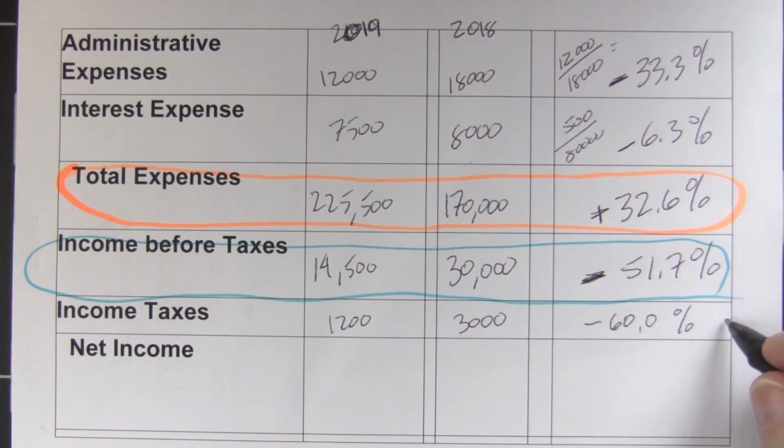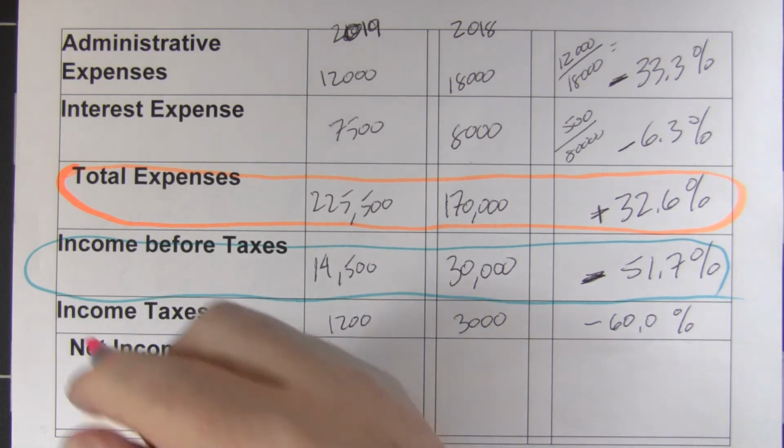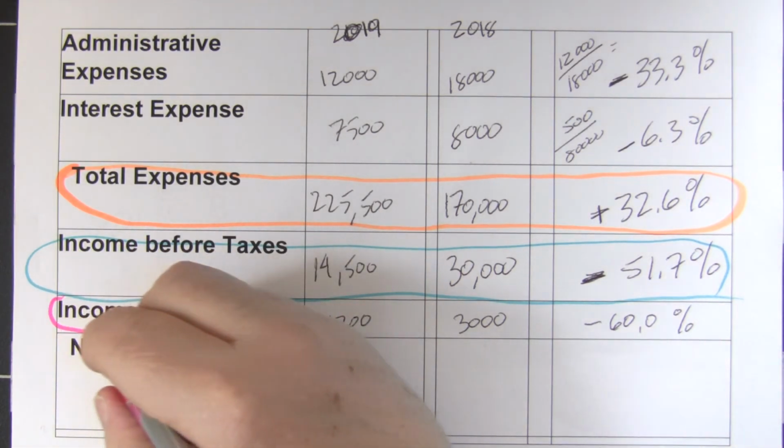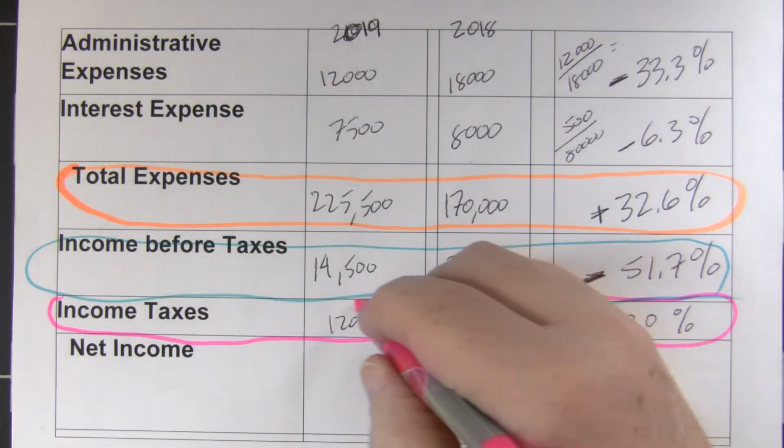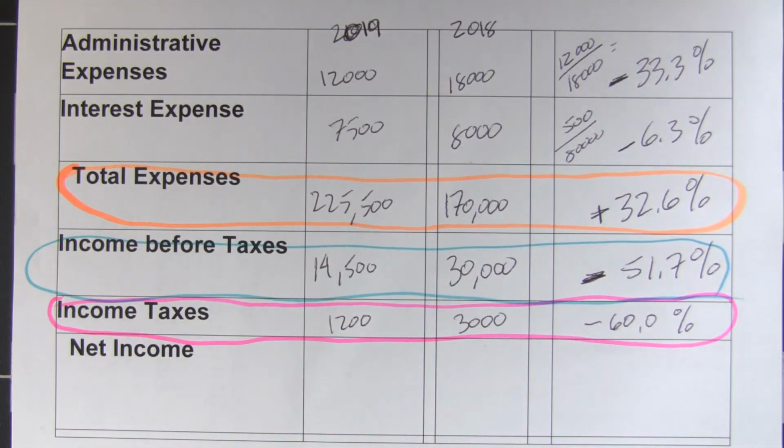And with this number, be careful, because if you were in business right now and you saw a big change in your taxes, it really wouldn't mean a whole lot, because the new Tax Act has reduced taxes for many people. So you really can't compare, because the rules of the game have changed.